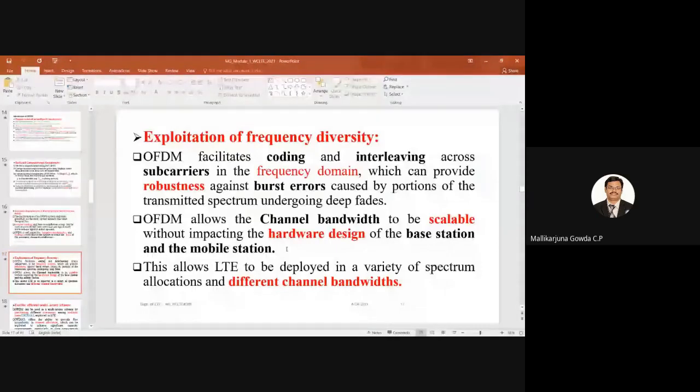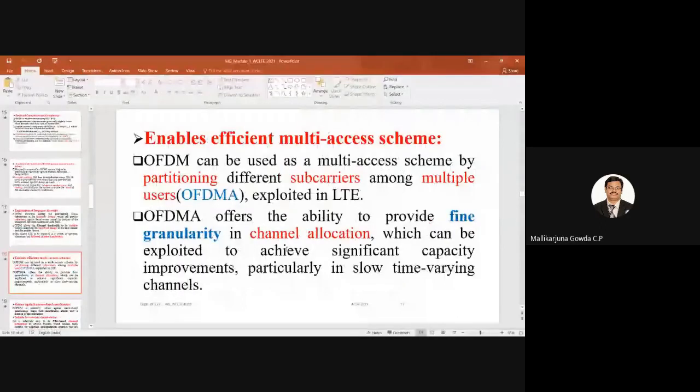Okay. So the next point is it enables efficient multi-access schemes. The use of OFDM, orthogonal frequency division, enables efficient multi-access schemes. So multiple access schemes, as I already told in brief, are what?